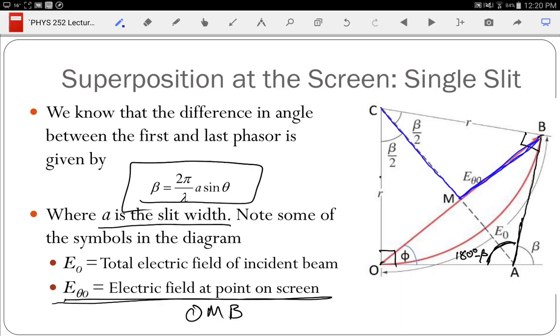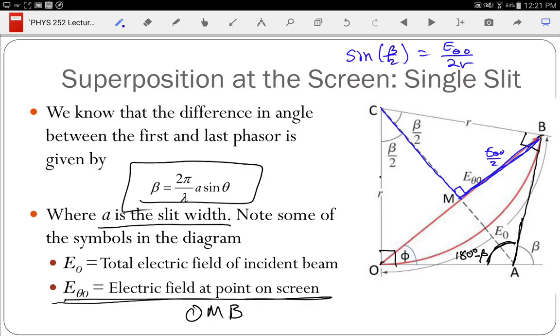That's the hypotenuse. What's the opposite side for this right triangle? From beta over 2. Half of the sine. Okay, so this side here is going to be E theta 0 over 2, and R is the hypotenuse. So opposite and hypotenuse relate through sine. So I have sine of beta over 2 is equal to E theta 0 divided by 2R.